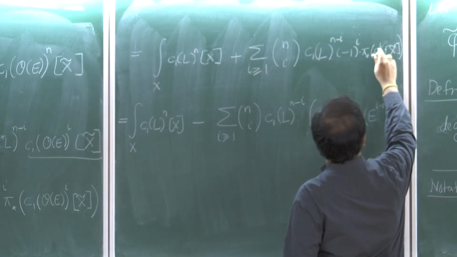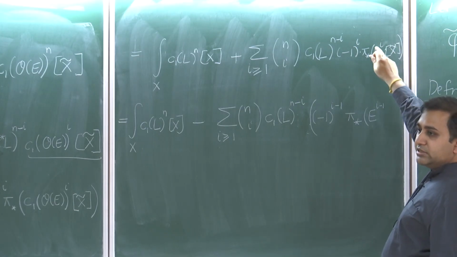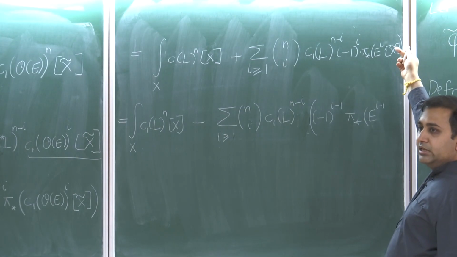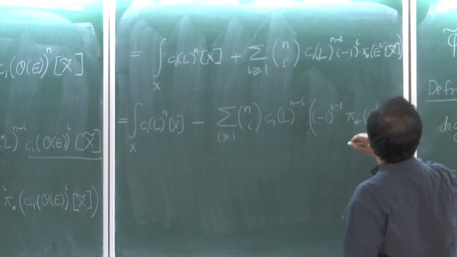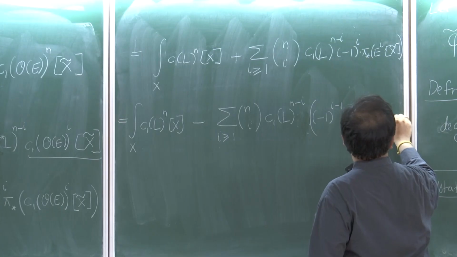So one of the E's, I use it to act on, I take the intersection of E with x tilde, I just get E. And so I will write this as E.